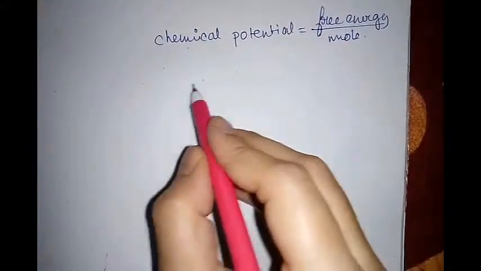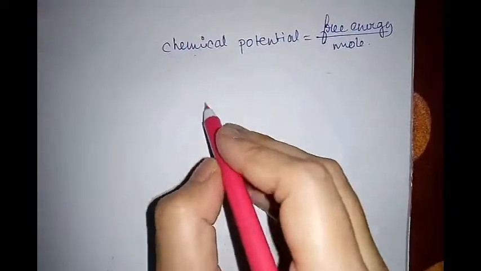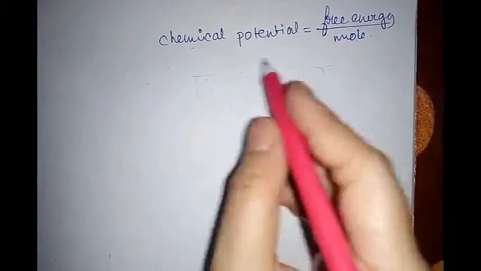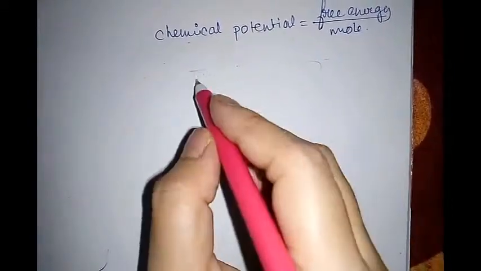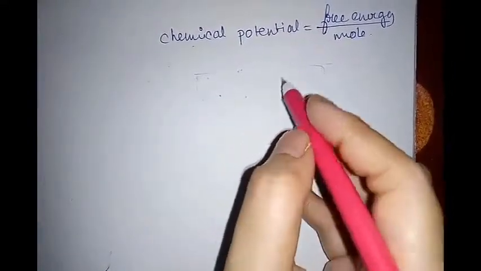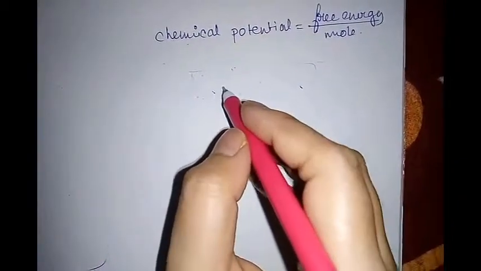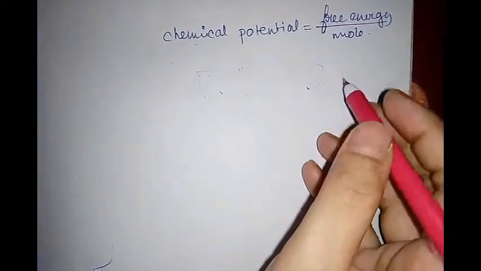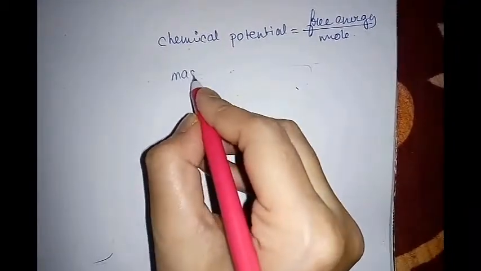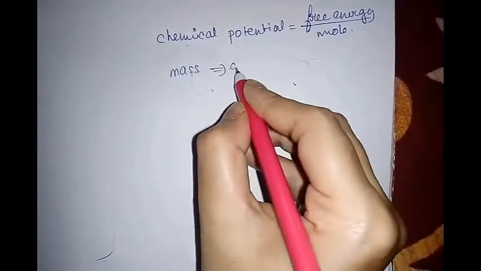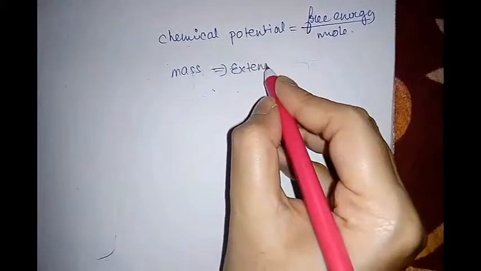If I divide a system into many parts, then mass of the overall system will be equal to the sum of the mass of the individual divided parts. So mass is an example of extensive property.